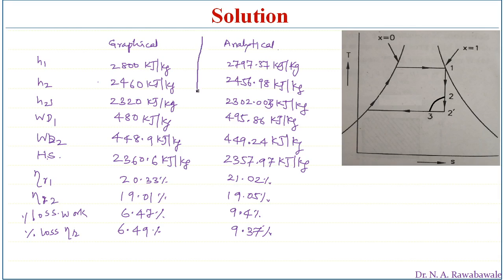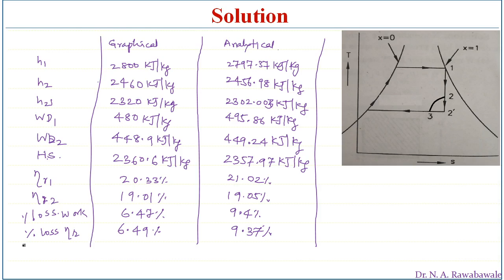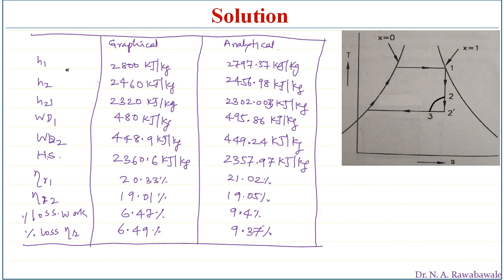The table indicates the comparison of the methods with the analytical method. The same problem we have simplified by two methods, one by the graphical method and second by the analytical.